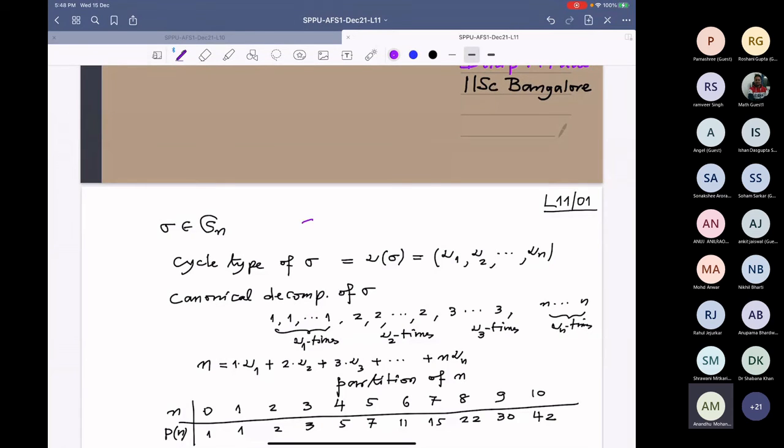So the sign of sigma equals 1 if and only if, in terms of this new cycle type, the number of even orbits, they are nu_2 plus nu_4 plus, and how can I go on, up to nu_{n/2}? This sum should have even cardinality. That means it is 0 mod 2.